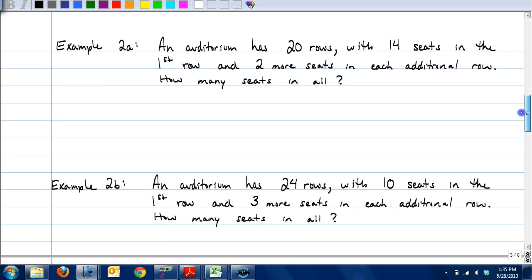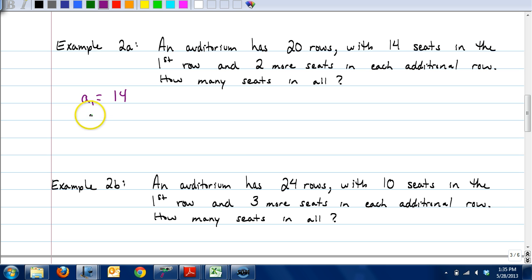Now, let's say we had a situation like this one. An auditorium has 20 rows with 14 seats in the first row and 2 more seats in each additional row. How many seats are there in all? So here's a scenario where I know that my first term is not 1. My first term is in the first row. There's 14 seats. I don't know how many are in the last row, so I can't use that first formula.